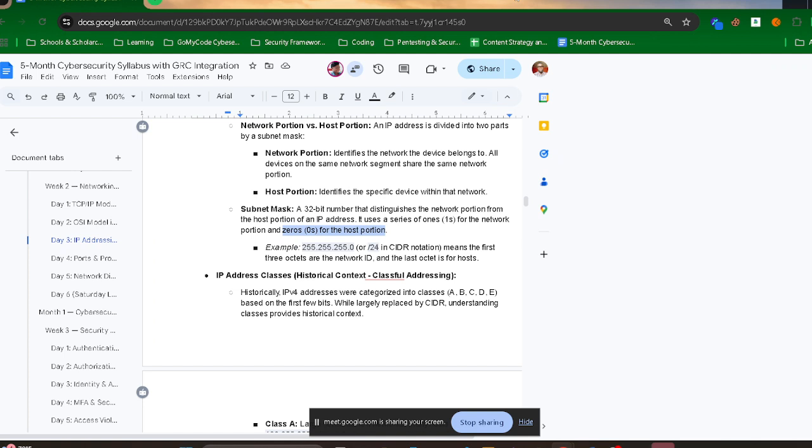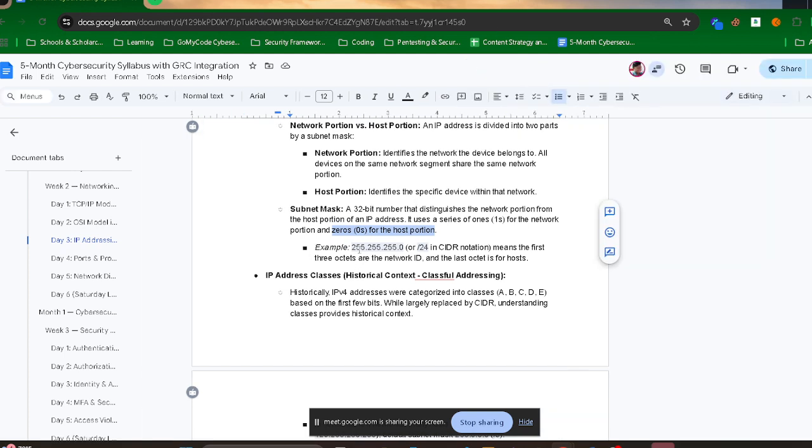An example is 255.255.255.0. All these 255 are ones, right? This one that is showing zero is for the host portion, and all these 255 are for the network portion.